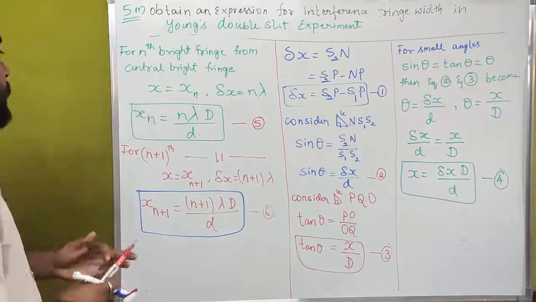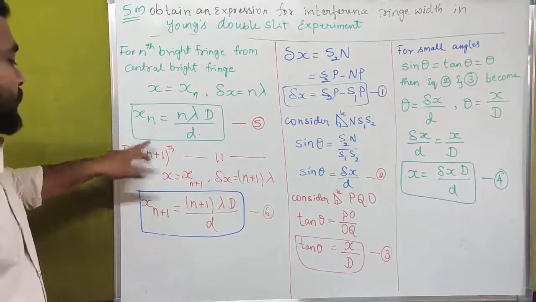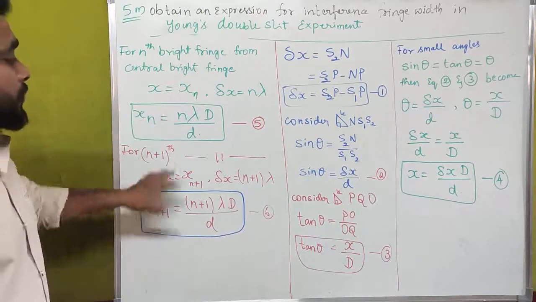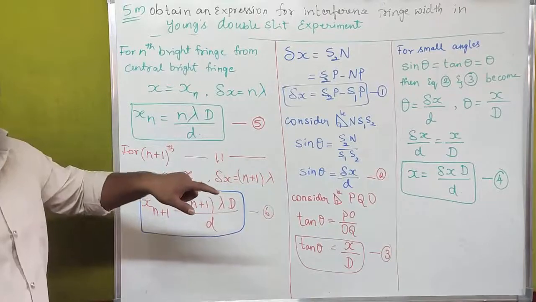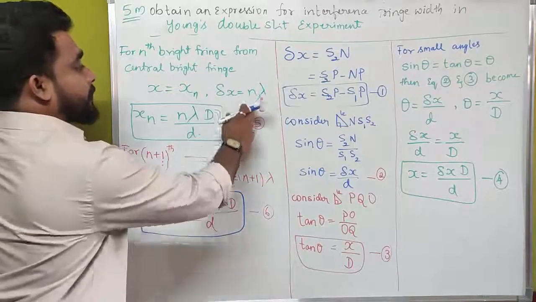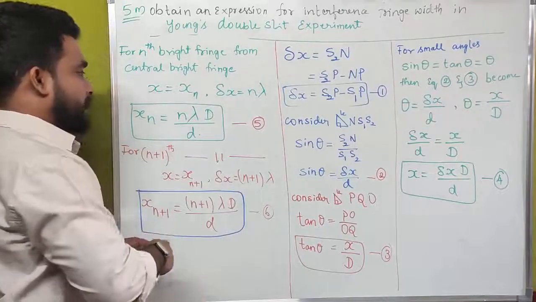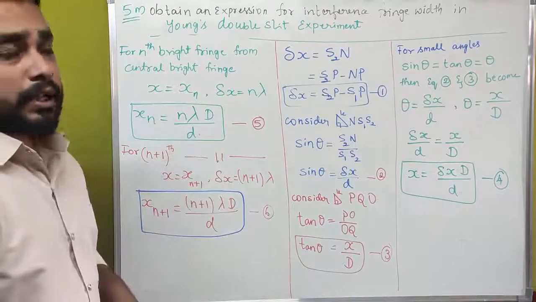And this is the expression for the nth bright fringe. This is the expression for the n plus 1th bright fringe. We can do this in the case of dark fringe also. For dark fringe, the path difference will change. We have to write that path difference, and we can derive the same expression.